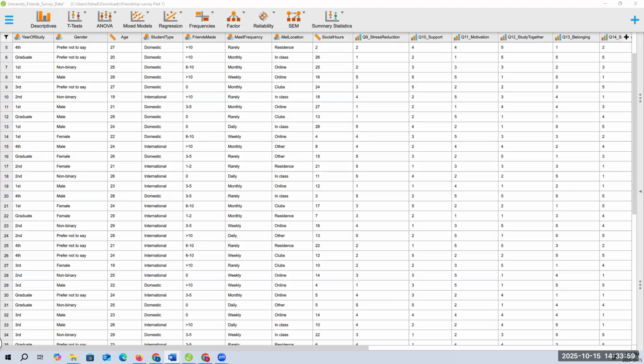Now, what if we needed to do thematic analysis? So how would we do that? Does that have that option in terms of descriptives?